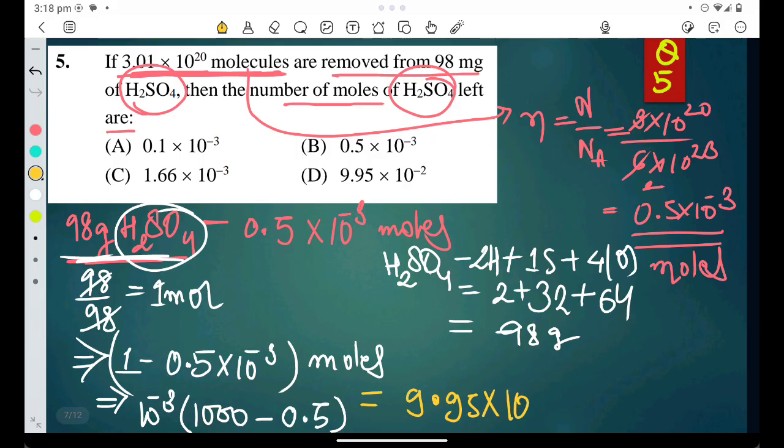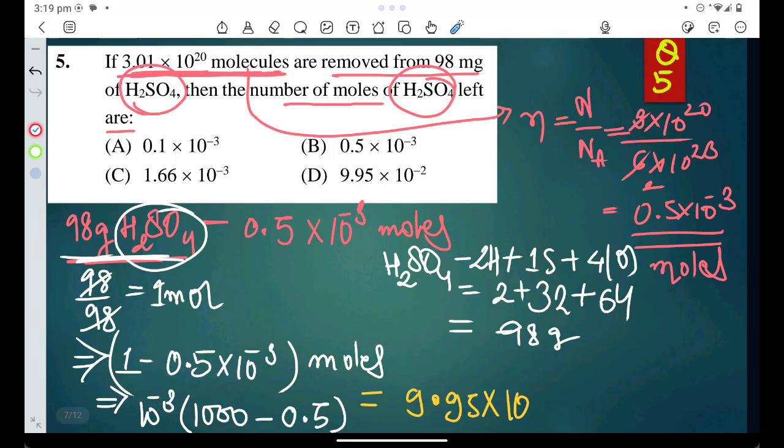Yeah, we have made some mistake somewhere. I think minus 3. This here we have did well, minus 3, then 0.5 times minus 3, then this much moles I'm supposed to subtract from 1 mole.